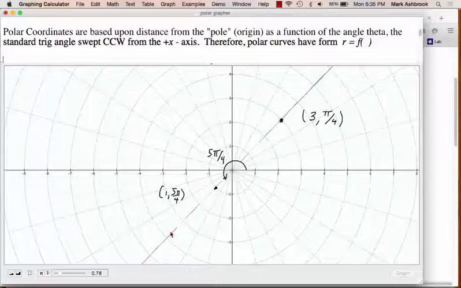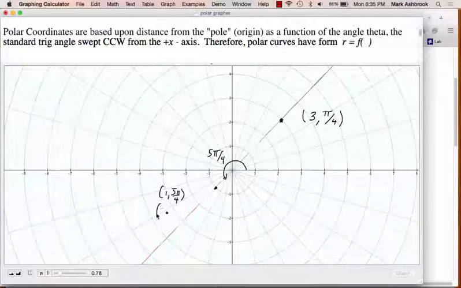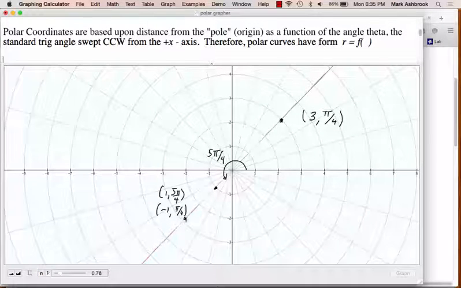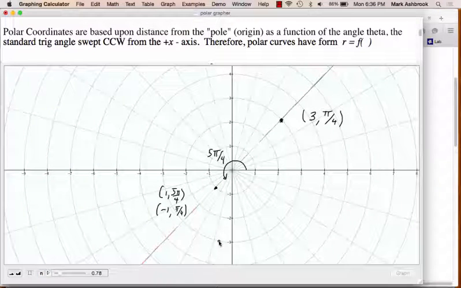This would be negative values of r for an angle of pi over 4. So we could also write this point how? r would be negative 1 and pi over 4. I'm showing that in red. The red side of the angle would be negative values of r because it's pointing exactly the opposite direction from where the terminal side of the angle points.